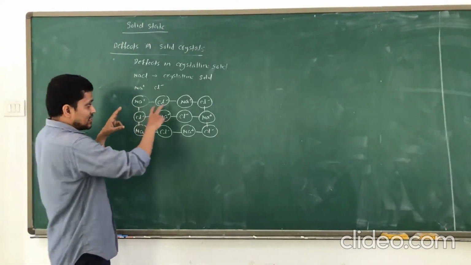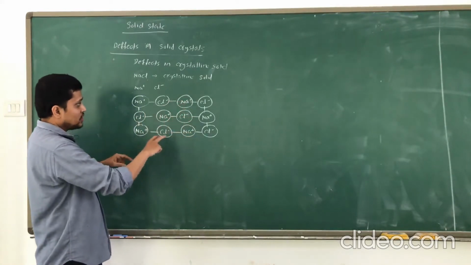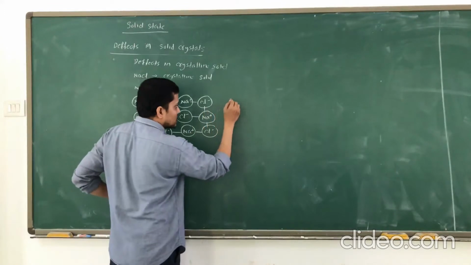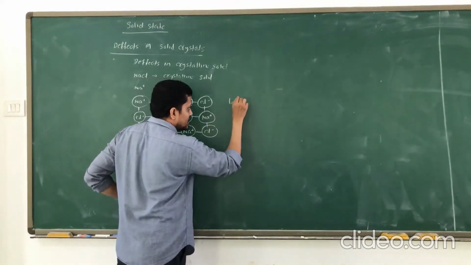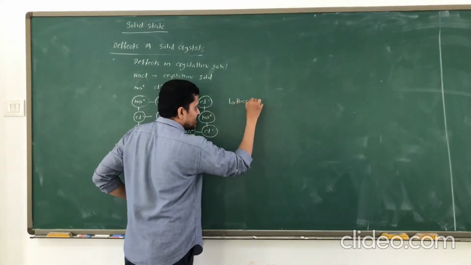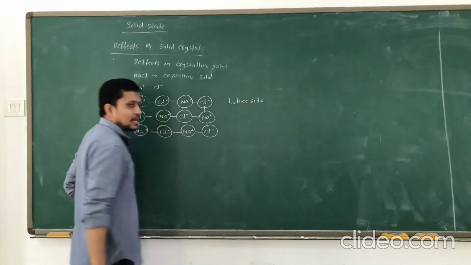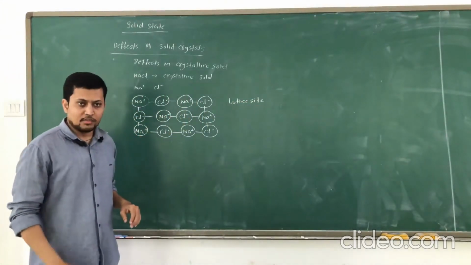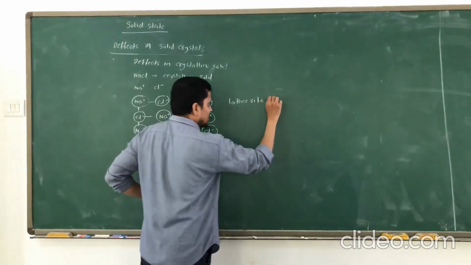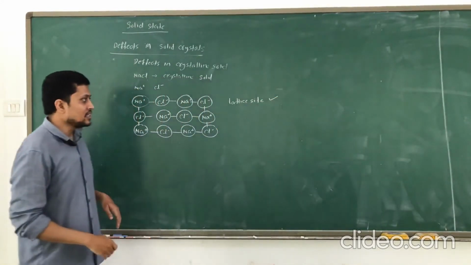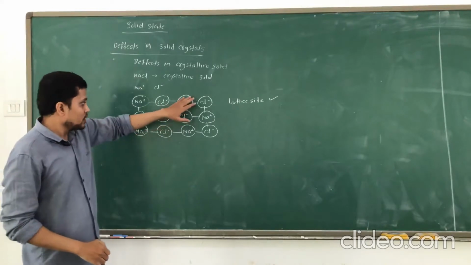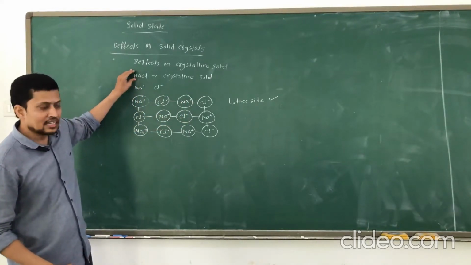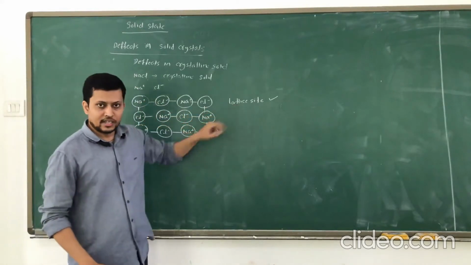The total structure of the ions in the given NaCl crystal is called the lattice site, or lattice structure.